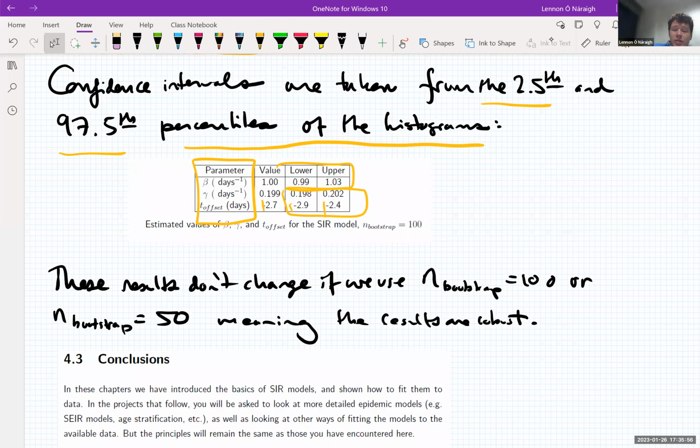And I've just checked that these results don't change if you do n bootstrap equals 100 or 50. So these results are robust.